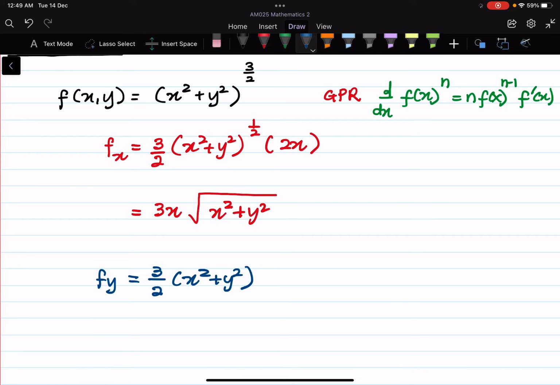The power minus 1 is 1 over 2, and differentiating x squared with respect to y is 0 because x squared is a constant. Differentiating y squared with respect to y is 2y. So simplifying 3 over 2 times 2y is 3y times the square root of x squared plus y squared.